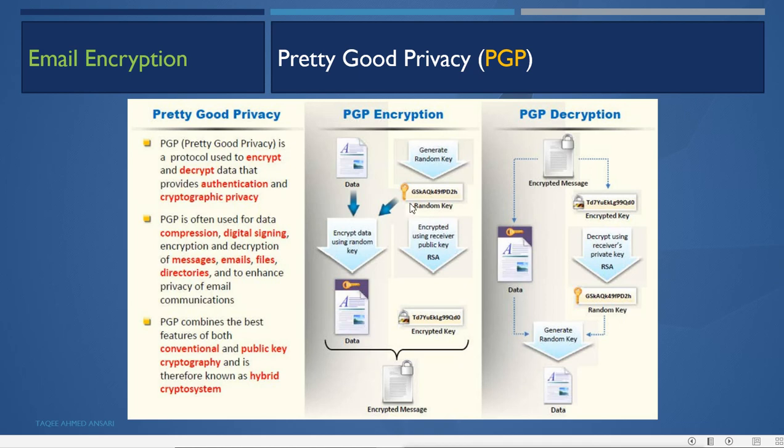So the private key will be there, and from there it will generate the random key to decrypt the data. If the key is right, then it can decrypt the data. If the key is not right, then it will not be able to decrypt the data. If the key is right, it will decrypt the data and the data will be available here.